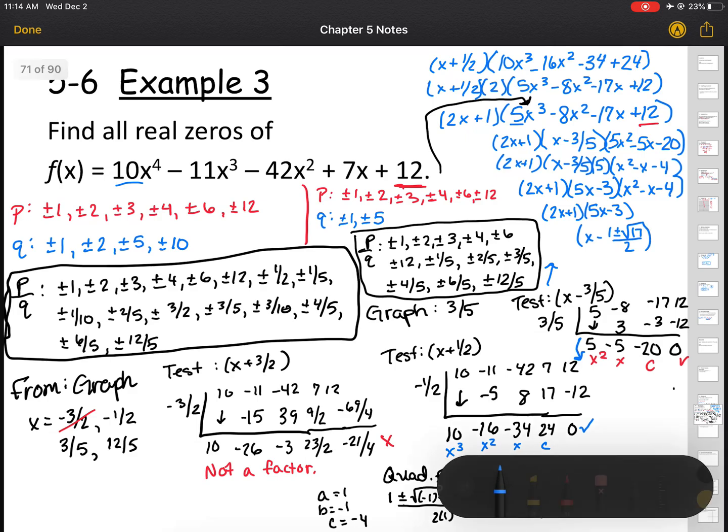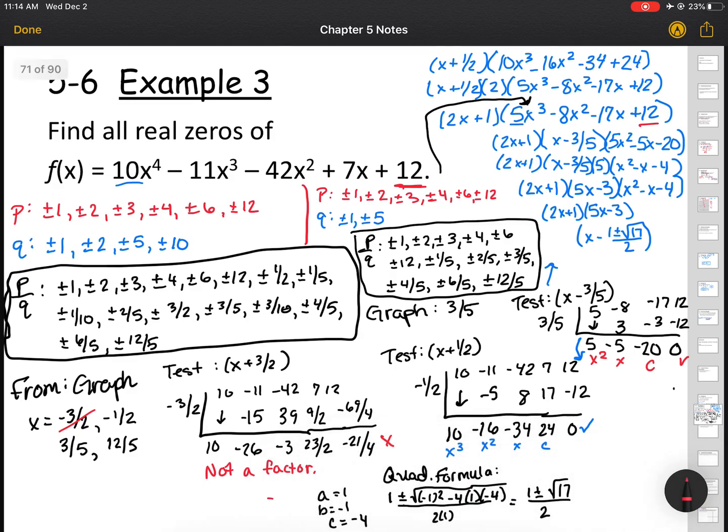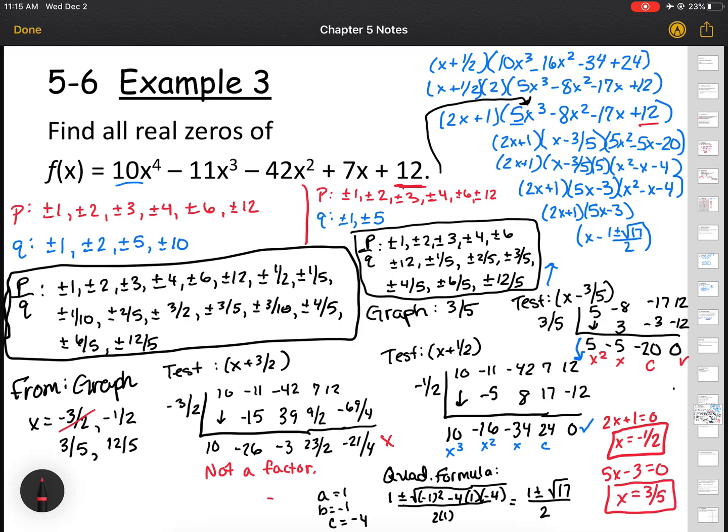And as we figure out the actual zeros of that, remember we set each factor equal to 0, so 2x plus 1 equals 0. That gave us negative 1/2 that we got from that factor earlier. Then if we do the other one here, 5x minus 3 equals 0. X will be 3/5, and that was a possible x value that we got earlier.